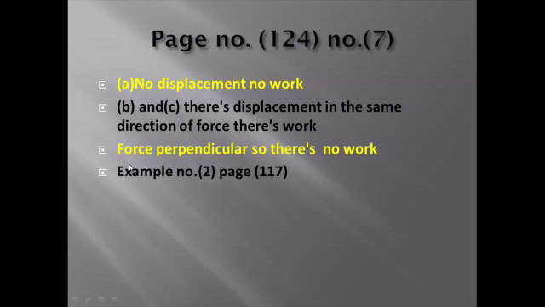So angle theta will be 0. Excellent. So work equals F D cosine theta. We will get the work. And take care, force here will be the weight, mg. Do you understand?